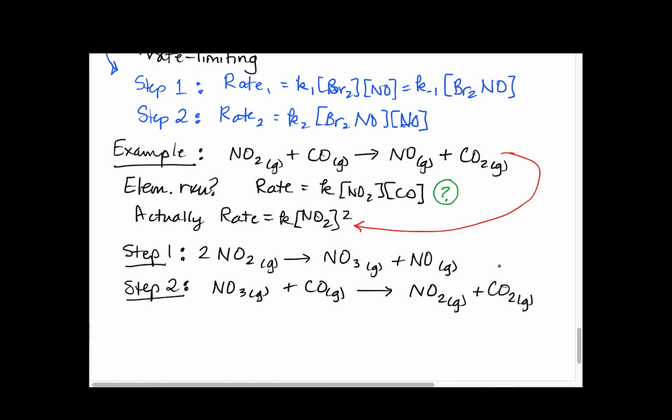And we are pretty sure that this first step is therefore the slow step, since its stoichiometry matches the one that we actually measure. And so this second step must be fast.